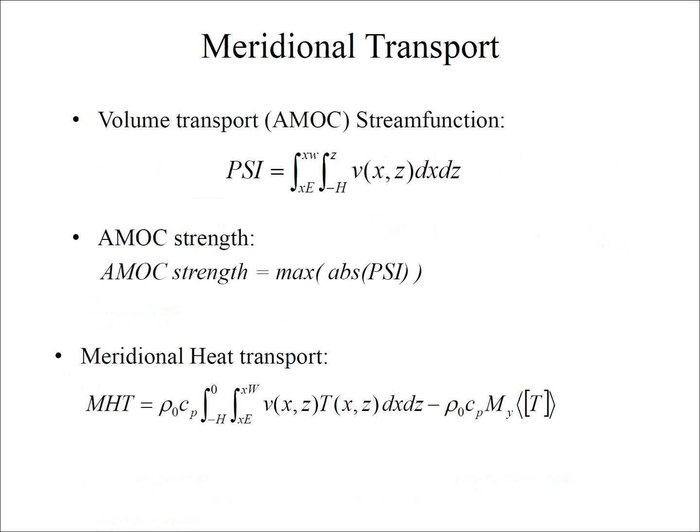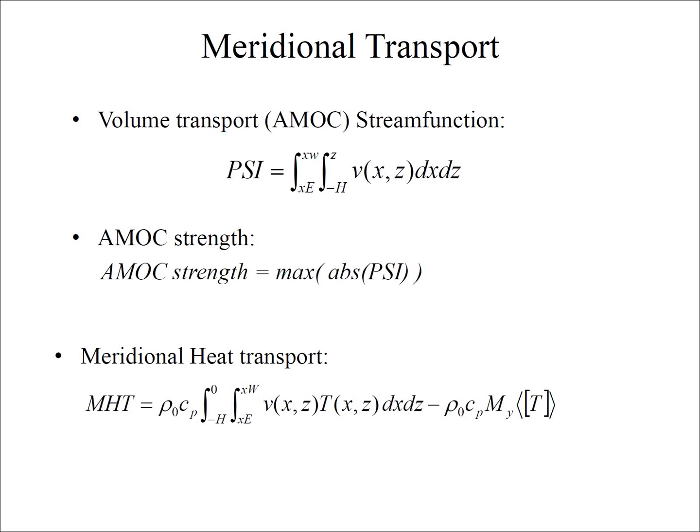A few of the metrics we're going to use here: the AMOC stream function is just the integral of velocity from west to east and from the bottom to the surface. The AMOC strength is the maximum of this integrated stream function. And the meridional heat transport, we integrate the velocity times the temperature over the transect.